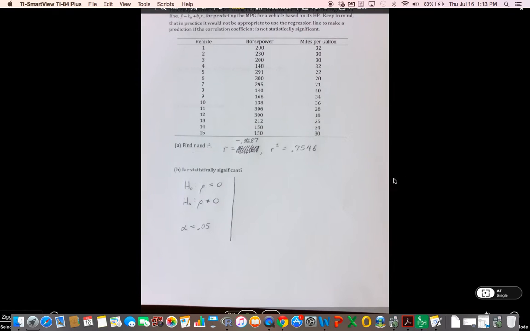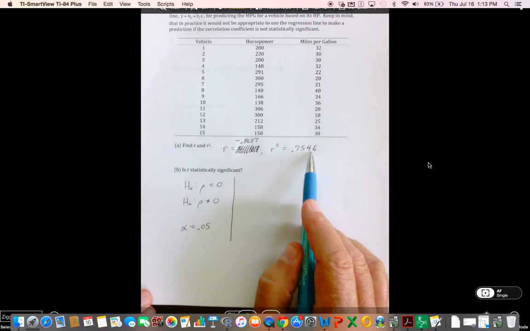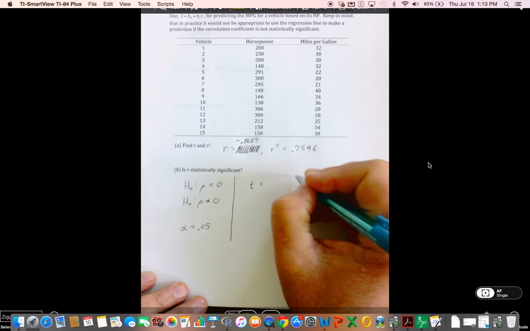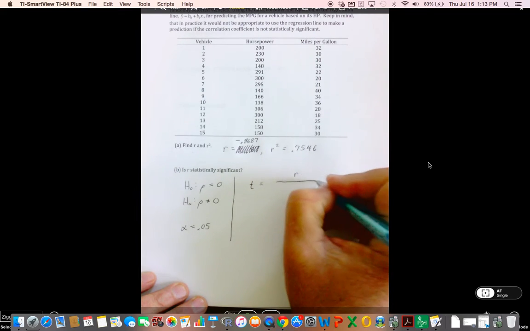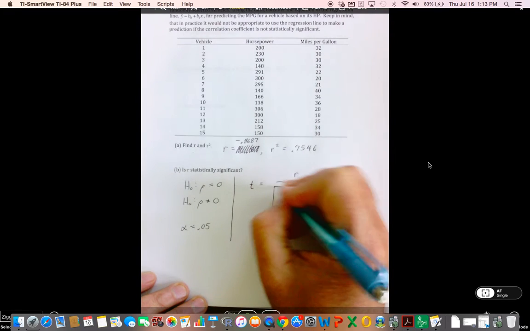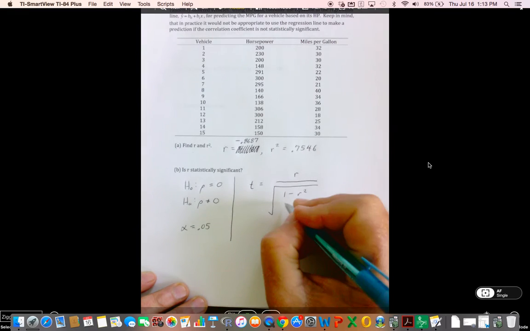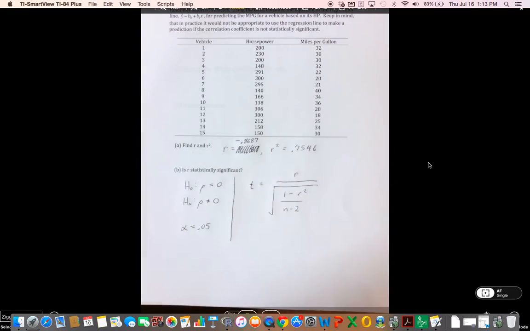All right, gang, all I've done is go out a little further. Now, we know that the test statistic for this problem is R over the square root of 1 minus R squared over n minus 2.